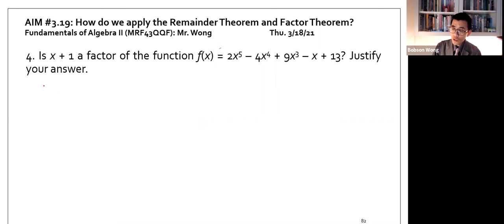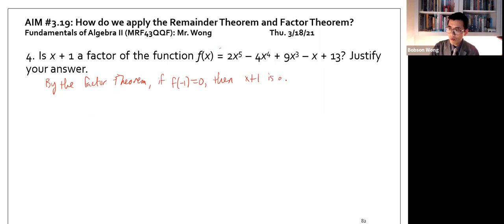And so what we're going to do is we can say that by the factor theorem, if f of negative 1 equals 0, then x plus 1 is a factor of f of x.